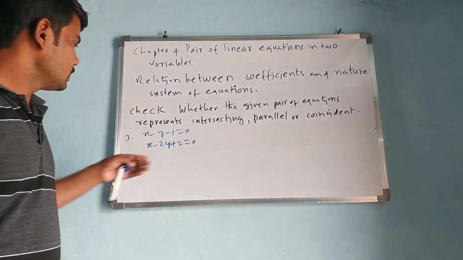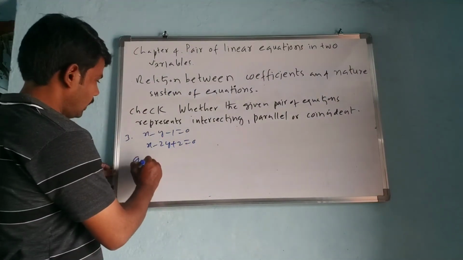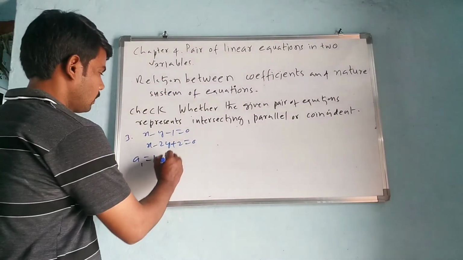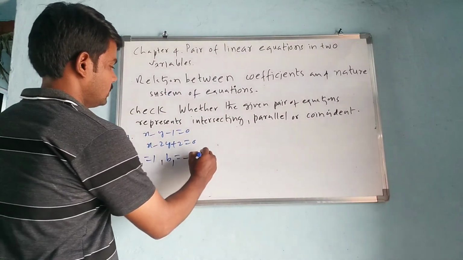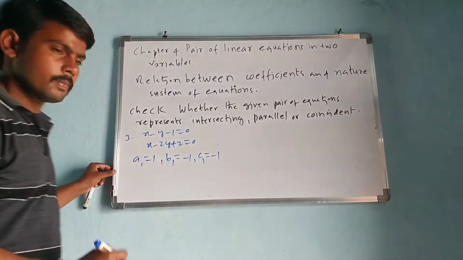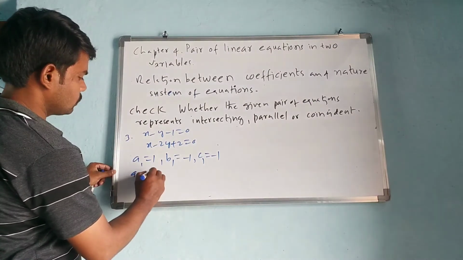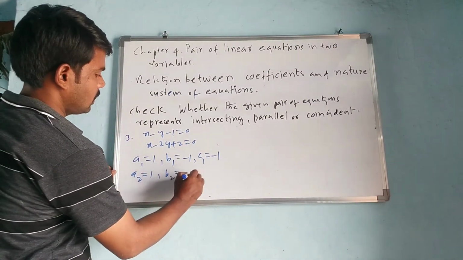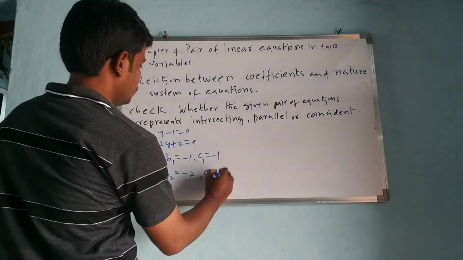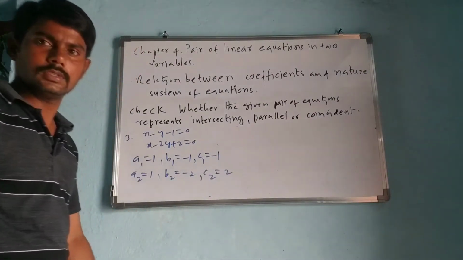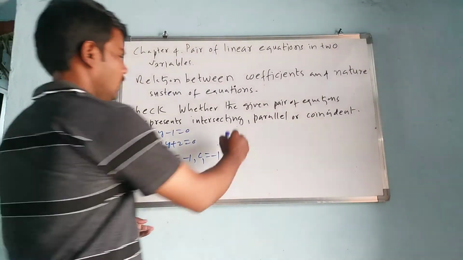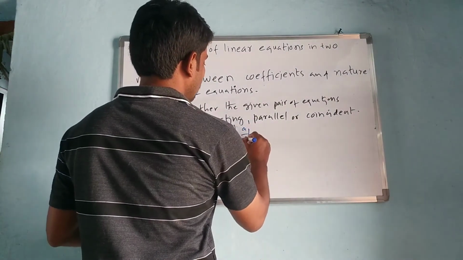So in this case, a1 is 1, b1 is minus 1 and c1 is minus 1, and then a2 is 1 and b2 is minus 2 and c2 is 2. So now we have to find out the a1 by a2.